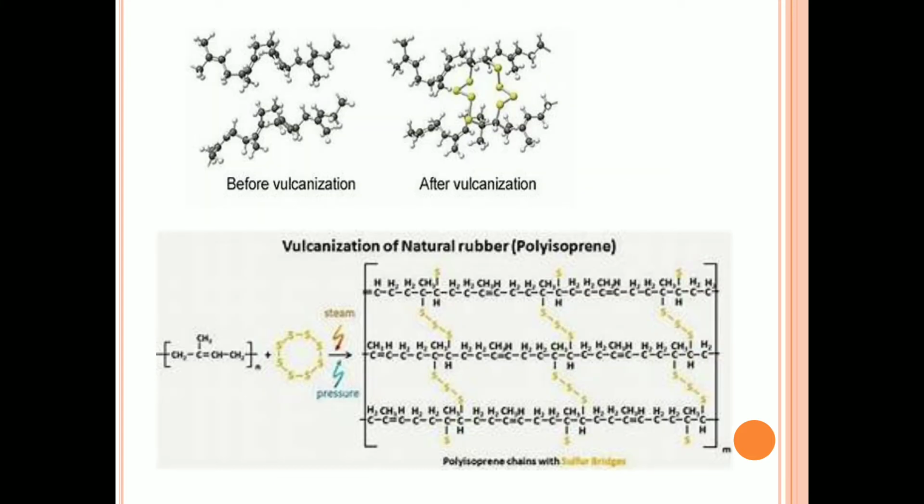In this figure, we can see a molecule of rubber before and after vulcanization. Below, we can see the process through which natural rubber is vulcanized, in which the monomer, that is the isoprene units, are linked by sulfur bonds.